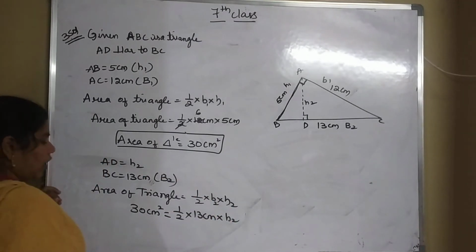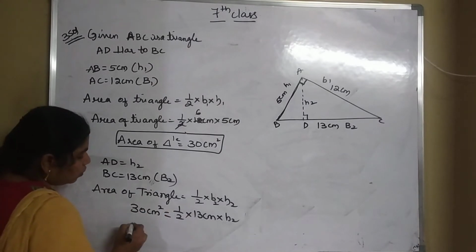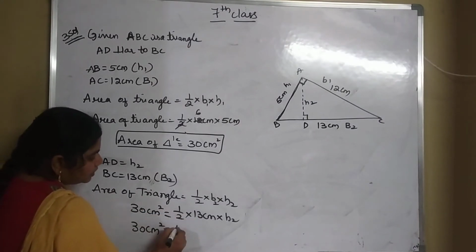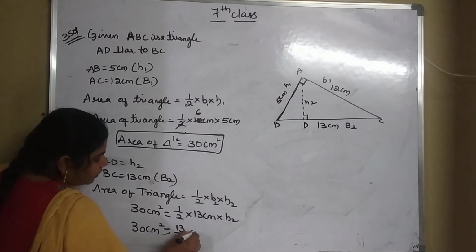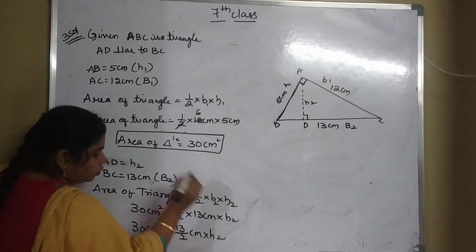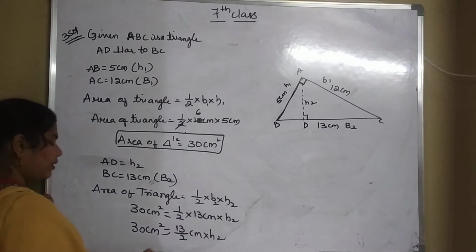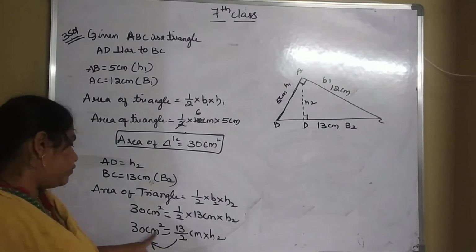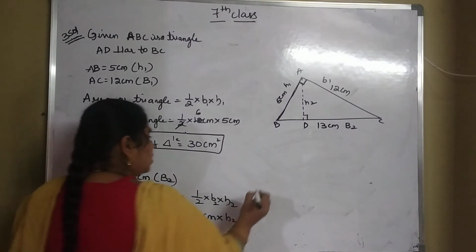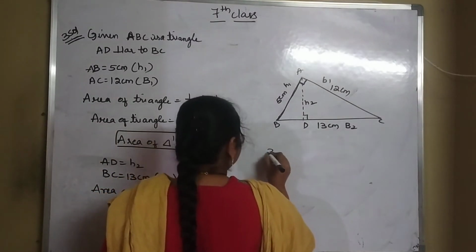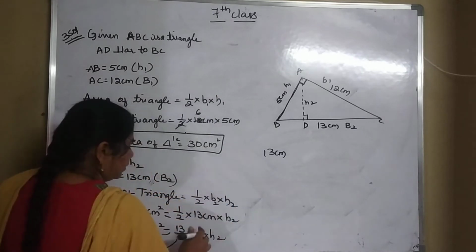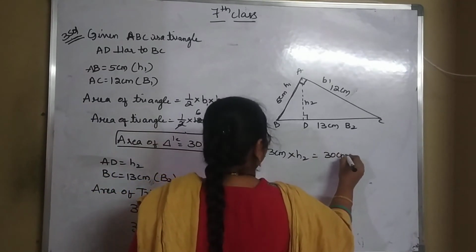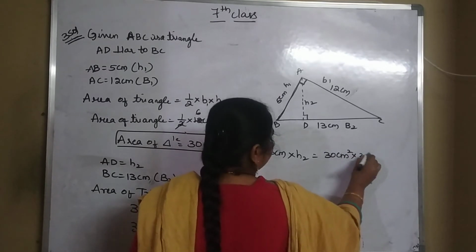In the 2 table, 13 will not go. So 30 centimeters squared is equal to 13 by 2 centimeters into H2. Now first I am transposing this 2 to the other side. It is in the form of division, so it will be converted to multiplication. So that will be 13 centimeters into H2 is equal to 30 centimeters squared into 2.